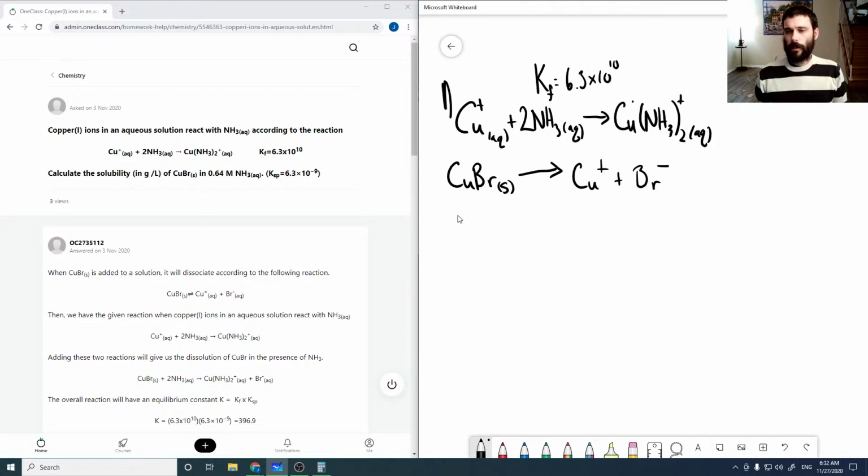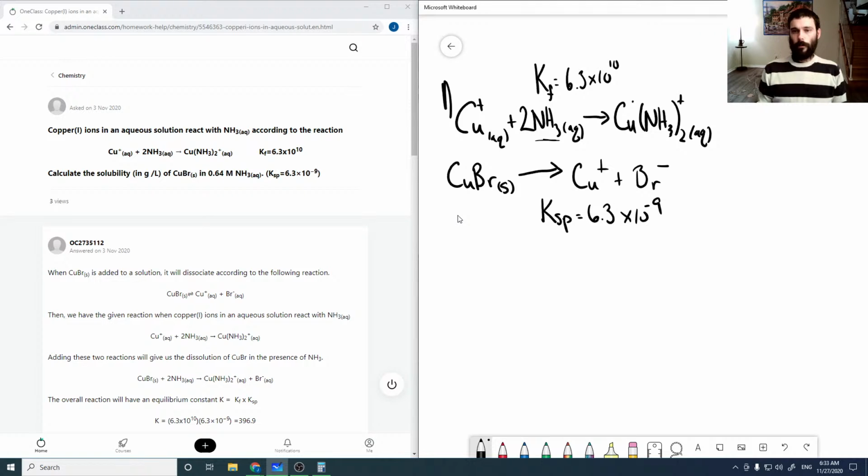And the KSP for this is 6.3 times 10 to the minus 9. And so it wants us to calculate the solubility for copper bromide, given this K of solubility, but in a 0.64 molar NH3 solution.